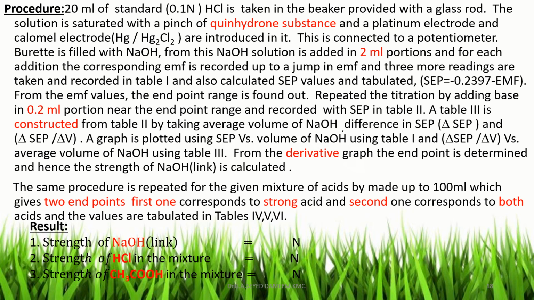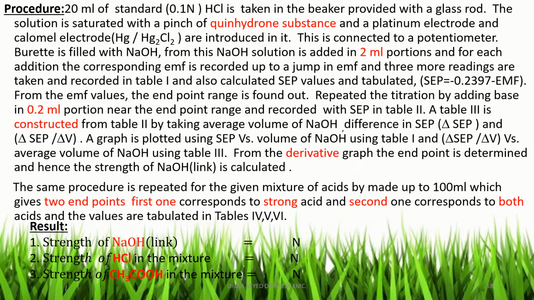The EMF is the potential difference between the two electrodes, so the single electrode potential of the quinhydron electrode is given by minus 0.2397 minus EMF. So in both tables 1 and 2, the potential values are calculated and recorded. From table 2, table 3 is constructed by taking average volume of sodium hydroxide, delta E, and delta E divided by delta V.